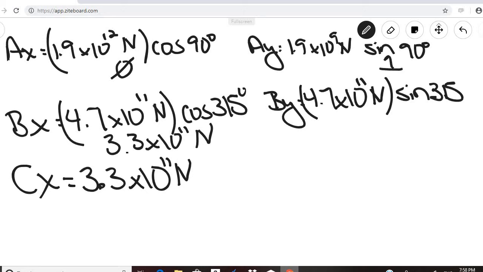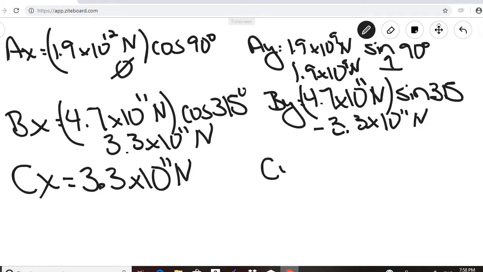And then this one will be negative 3.3 times 10 to the 11th. So when we add those together, C to the y will be 1.6 times 10 to the 12th newtons.